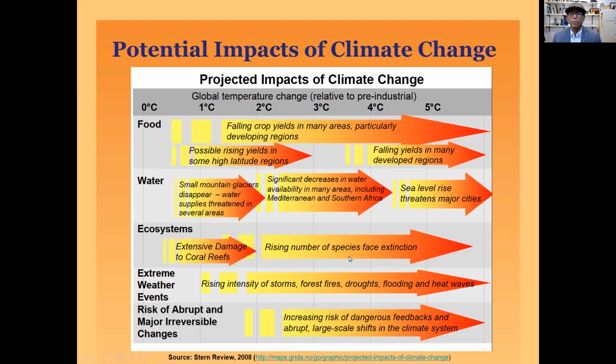In the ecosystem, a rising number of species will go extinct. People are already facing severe weather conditions. Frequent droughts, frequent flooding, and frequent heat waves are already coming.